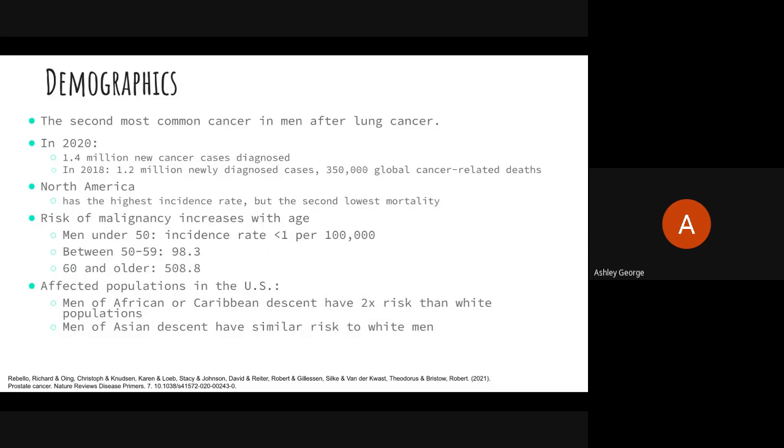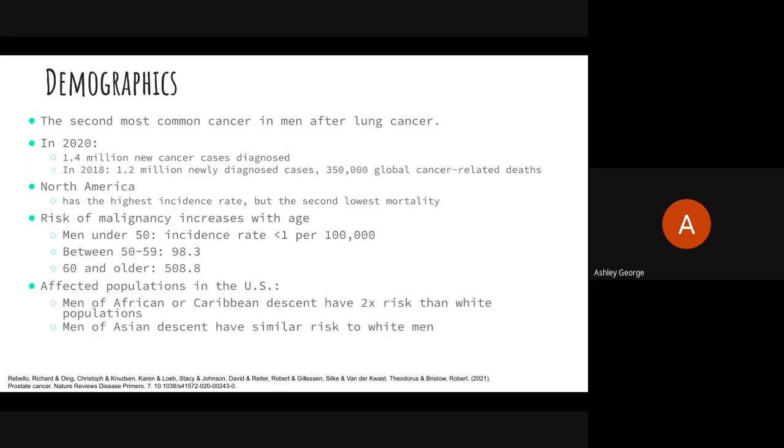Some demographics regarding prostate cancer. It's the second most common cancer in men after lung cancer, which I thought was very interesting. In 2020, there were 1.4 million new cancer cases diagnosed. And in 2018, there were 1.2 million newly diagnosed cases and 350,000 global cancer-related deaths.